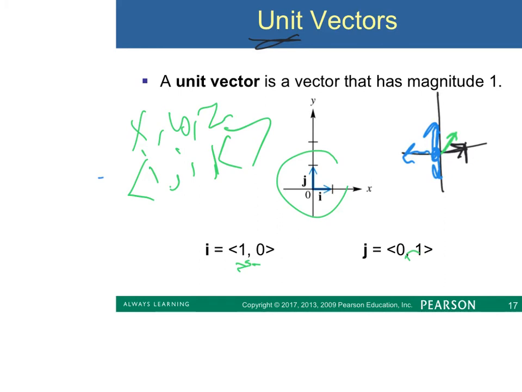I don't think we'll get there. And so i and j stand for the x and the y, the horizontal and the vertical component. Obviously, this is 1 comma 0: 1 over, don't go up. This one obviously is don't go over but go 1 up. Okay?